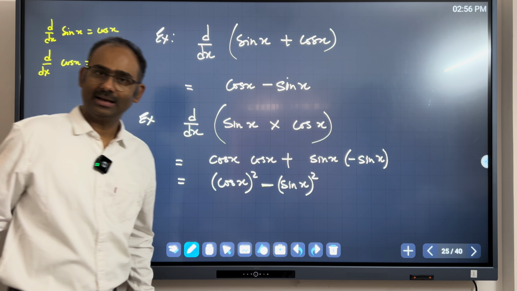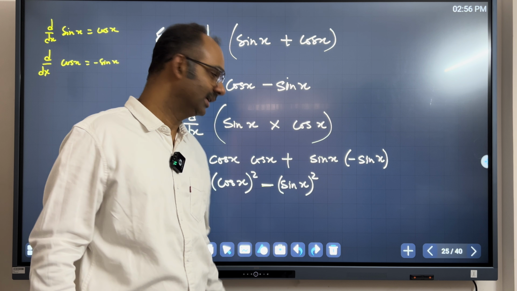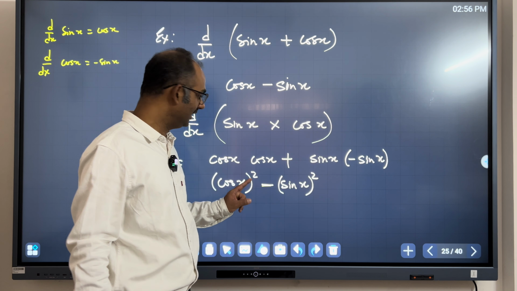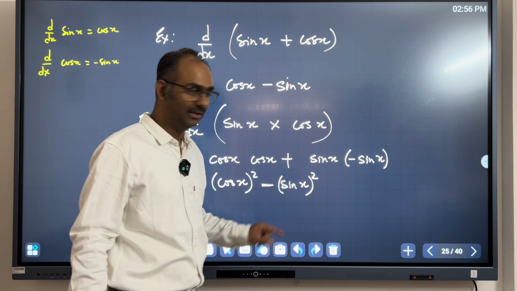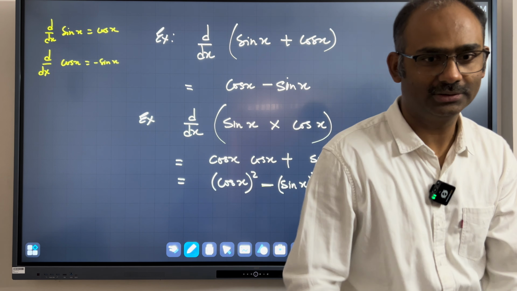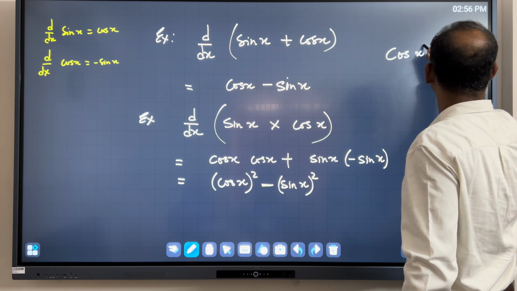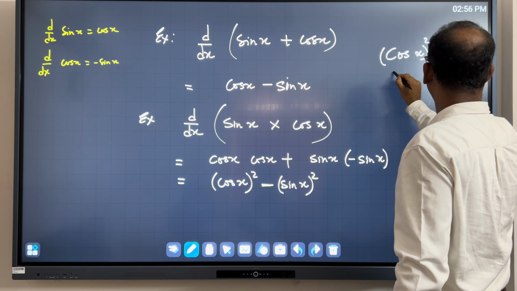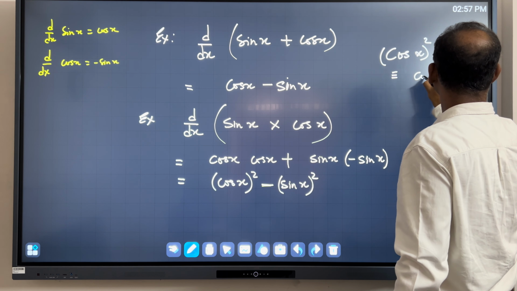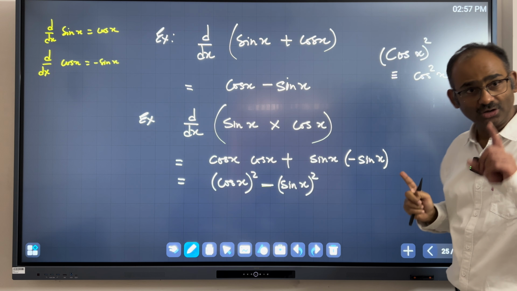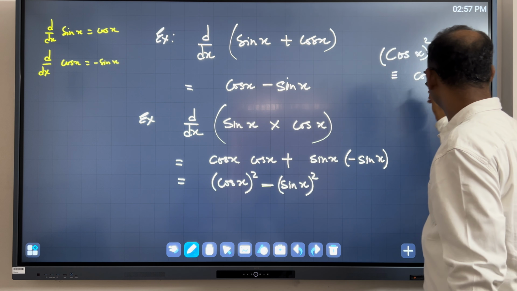Okay. Sometimes, and in fact most of the times in books, it is written as cos square x. And it is written as sine square x. So, okay, good that you knew this. So, cos x whole squared is also written as cos square x. When you write it this way, it does not mean cos of x.